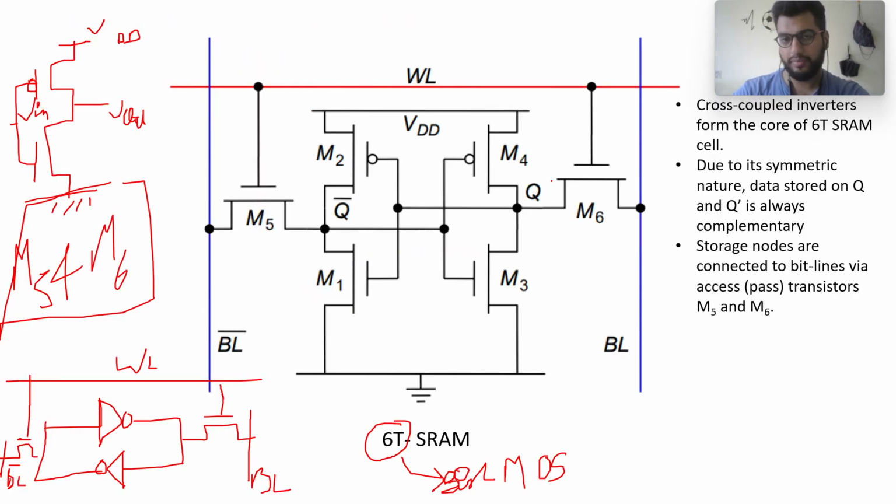Also, other than the 6T SRAM cell there are other SRAM architectures as well. We have the 8T SRAM cell, where we have 8 transistors, a separate read word line and a separate write word line. So there is a decoupling of the read part and the write part. So there are other architectures as well.